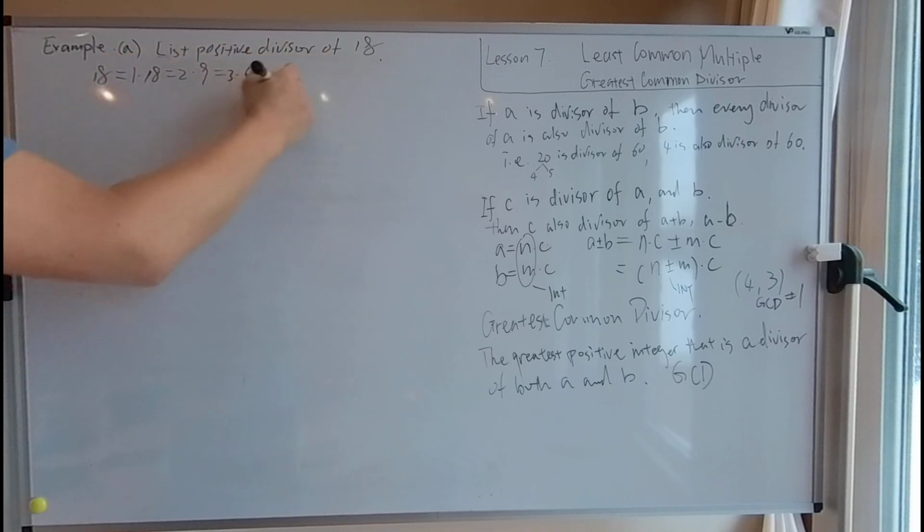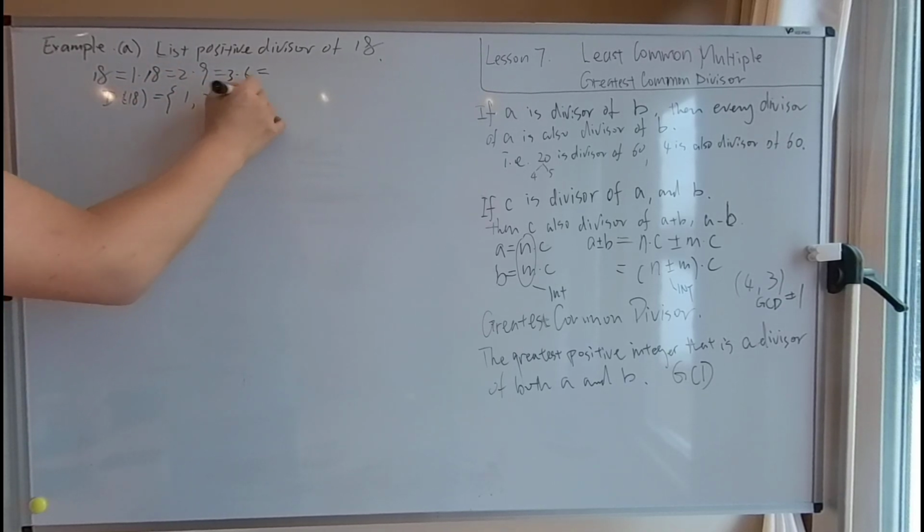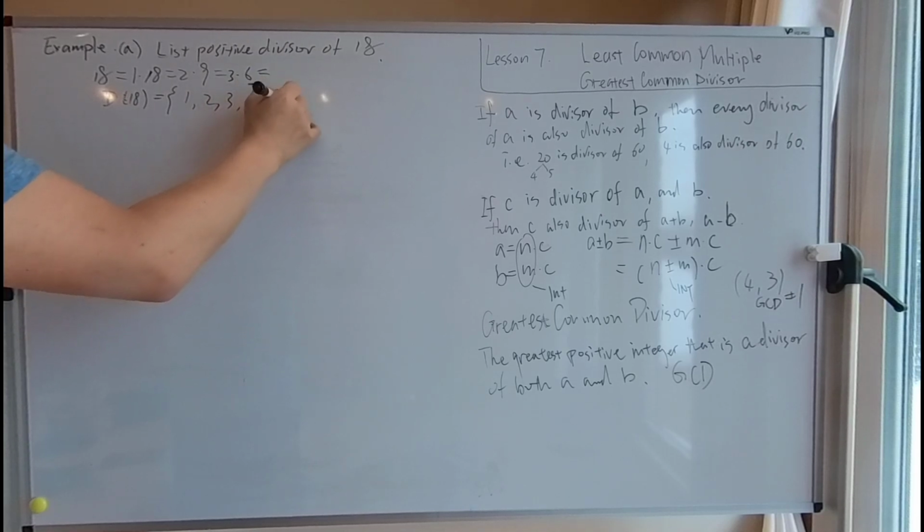So all the divisors, let me use the letter D for short for divisor. So the divisors of 18 are 1, 2, 3, 6, 9, 18.